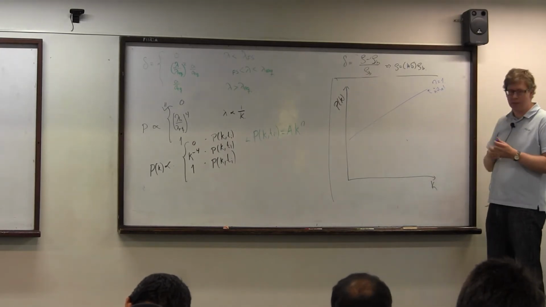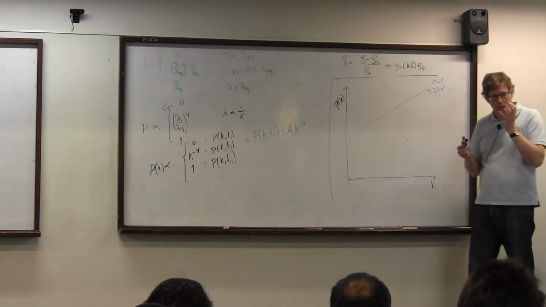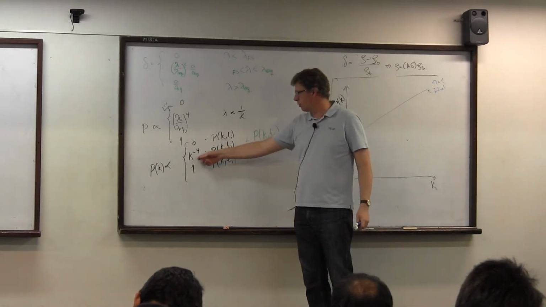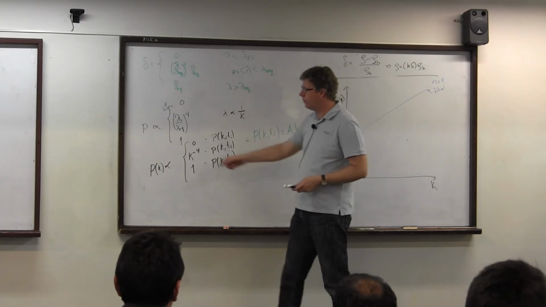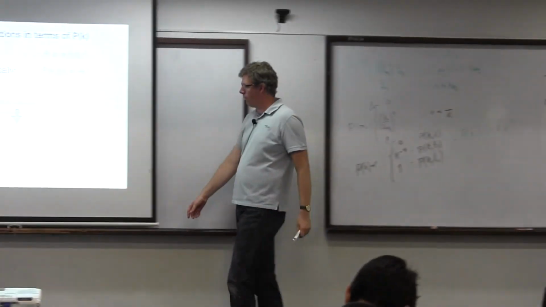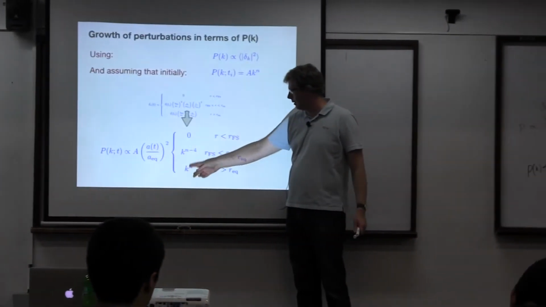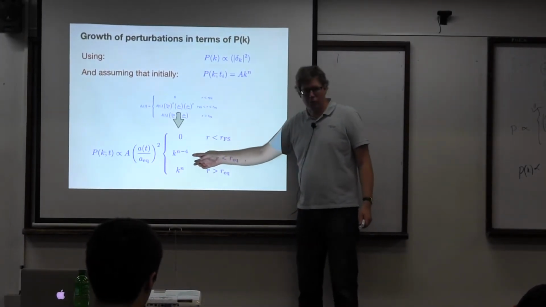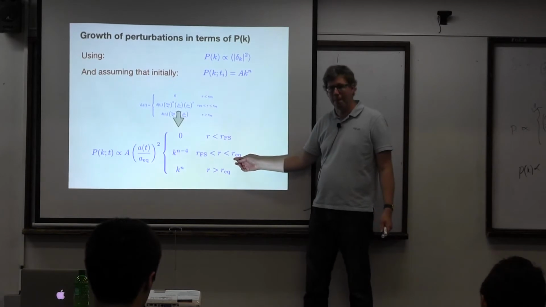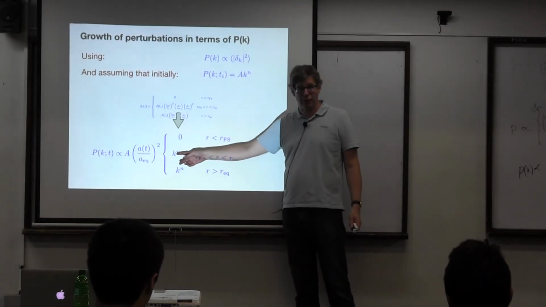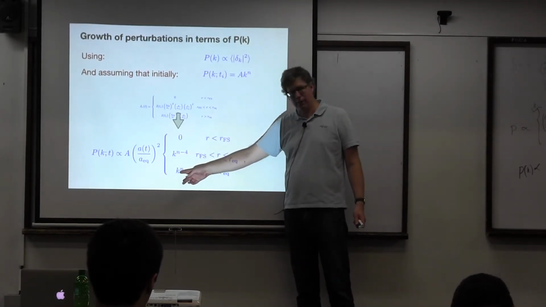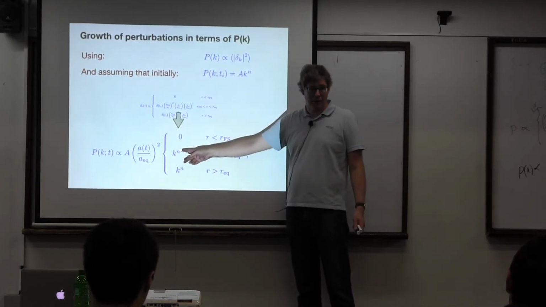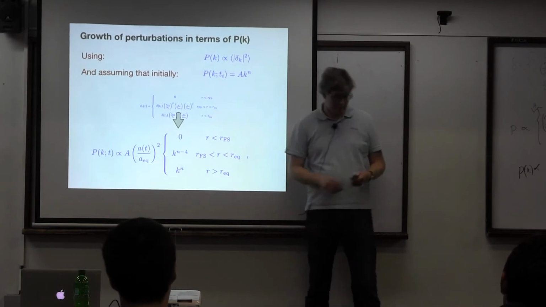And so what happens then with the universe? This stalling during the radiation dominated era is going to modify that from k to the n to k to the n minus 4. And this happens on physical scales that are small, so on k that are large. So on the large k side, I have to go from k to the 1 to k to the minus 3.